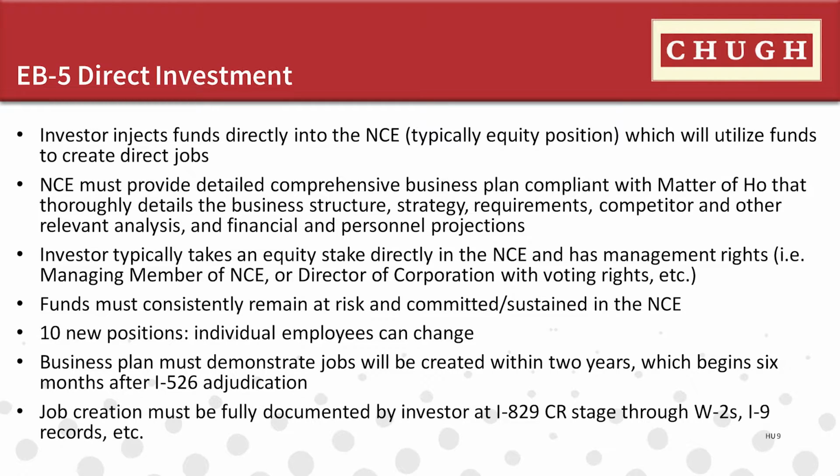An example would be an investor partnering with someone to open a new restaurant or a hotel or something else, where they take either, in an LLC, a membership stake, or in a C Corp, share ownership. Whatever the case is, ultimately the investor looking for EB-5 benefits has to have some participatory role in policy formulation or management.